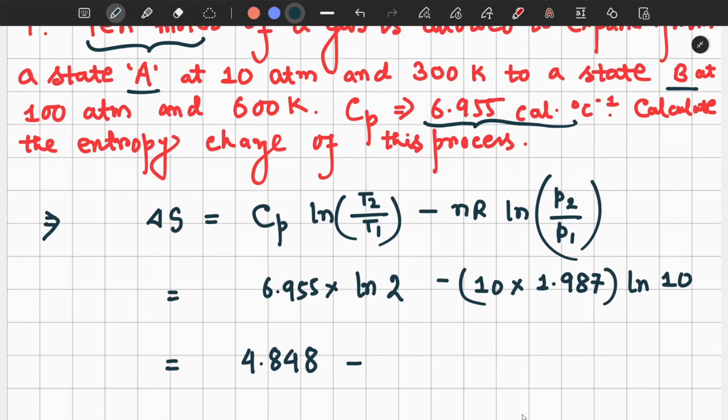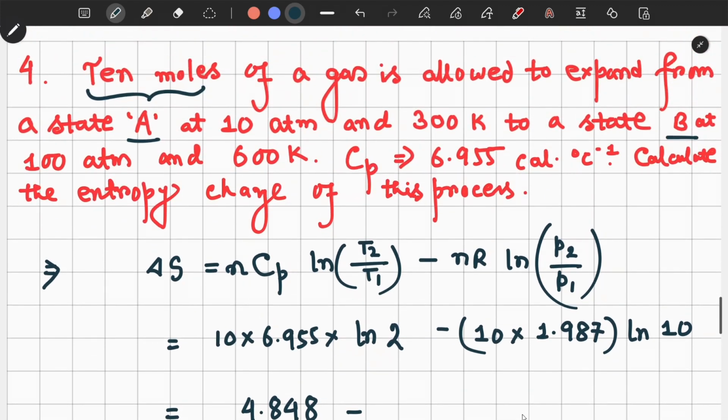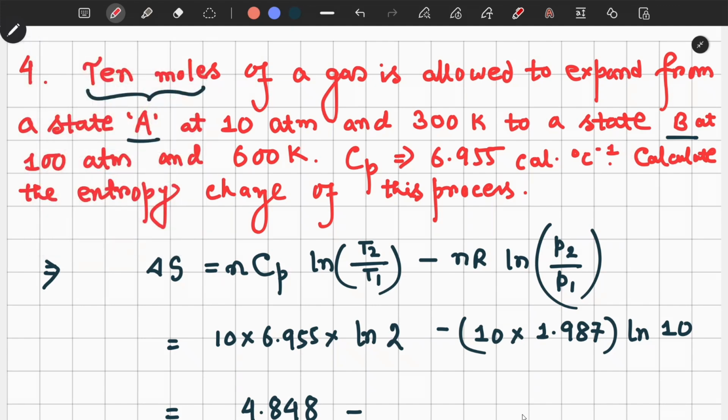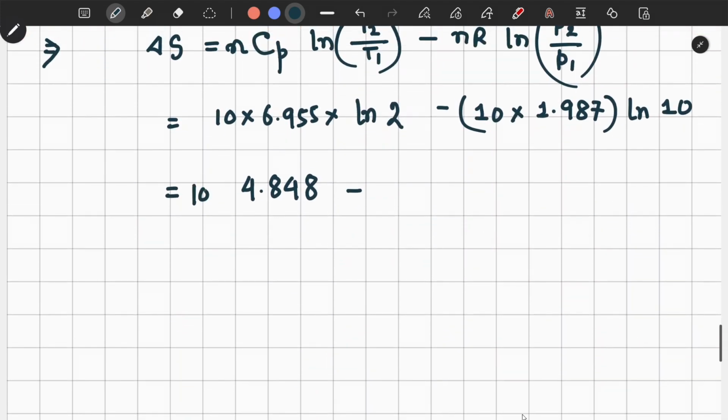Do you have considered that 10? Which 10? Yes. Okay, then it is not mentioned. So please correct it then. When it is per mole also, now it's correct. So 10 you can take out, and it is now 1.1987 into 10.